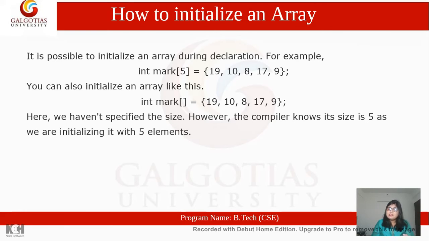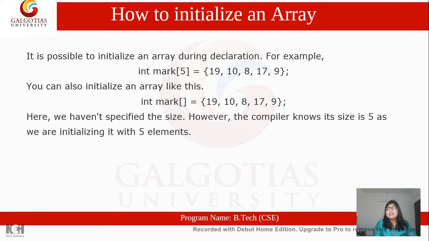In the first case, we have defined the size. In the second case, we have not written the size in the square braces, but we are actually initializing with 5 elements. So although we haven't specified the size, the compiler will know that its size is 5 as we are initializing it with 5 elements.